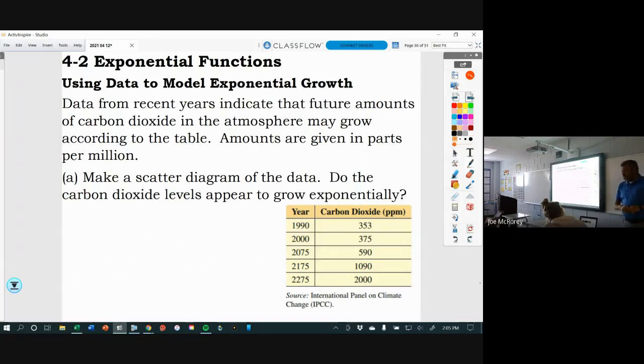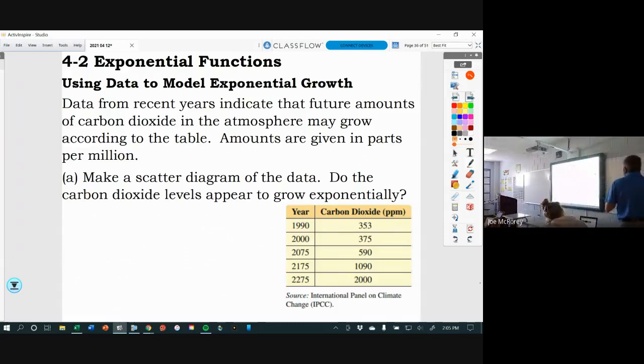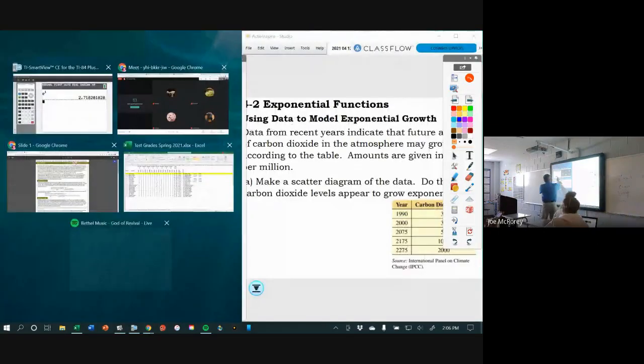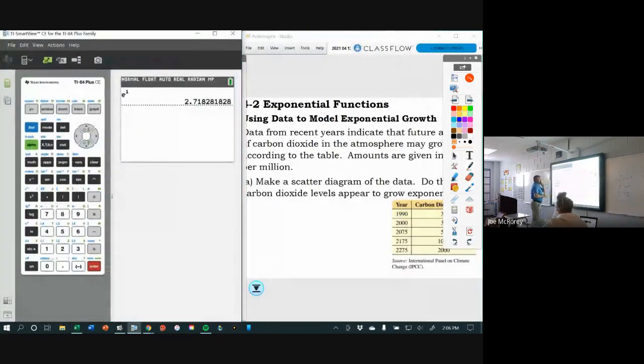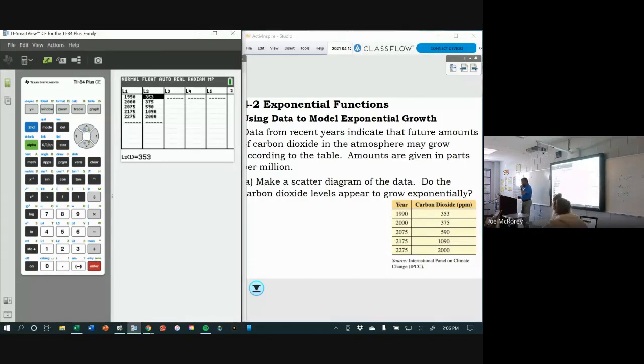Make sure your calculator's clear. 2nd plus 7, 1, 2, if you haven't already. Enter the data.